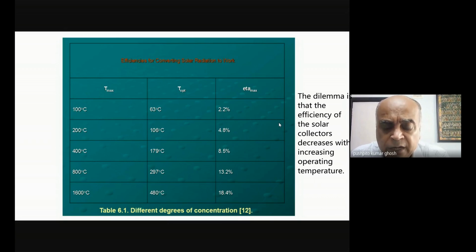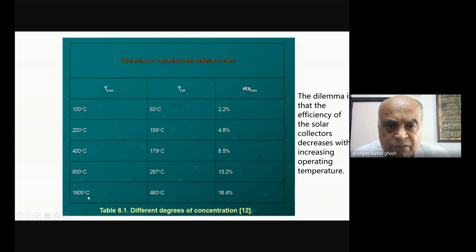In a power plant, if you have supercritical power plants, there are certain power plants where you can go up to efficiencies as high as 40%. But temperature plays a very crucial role.